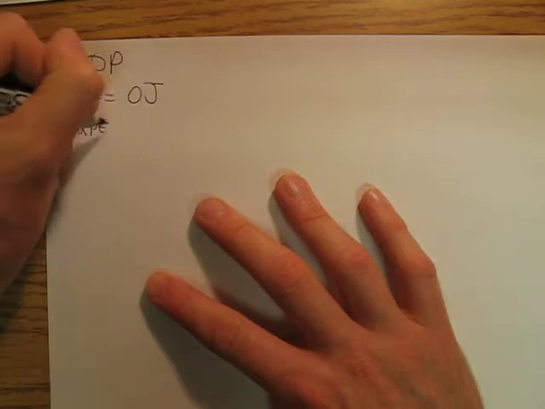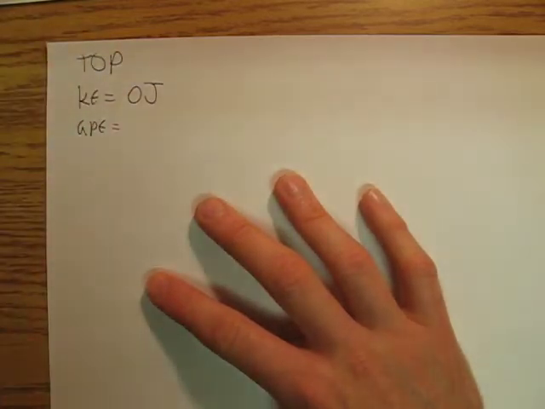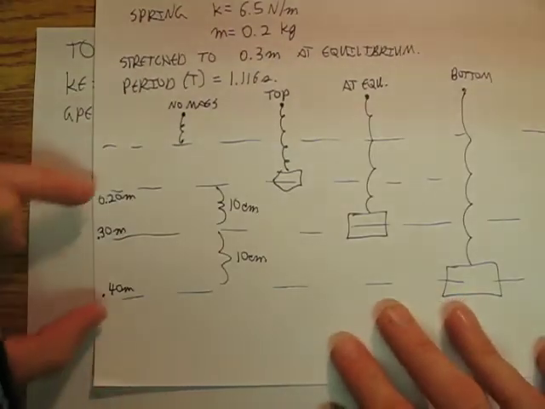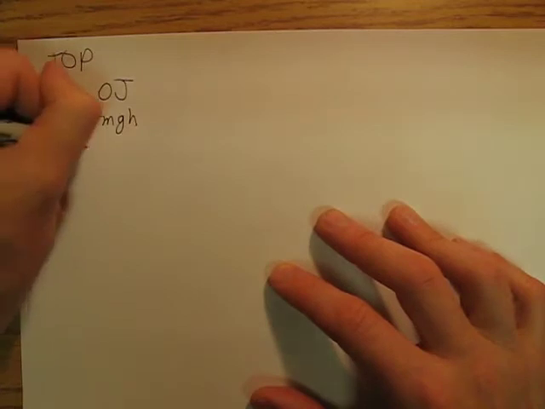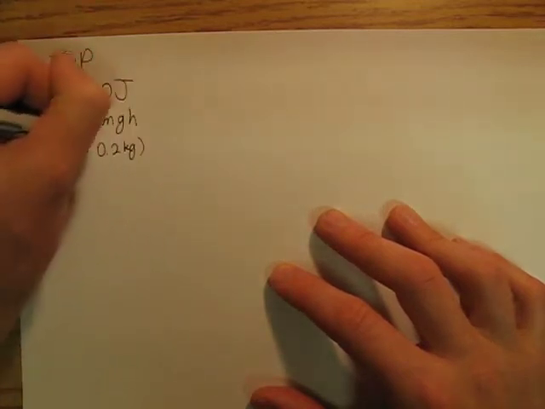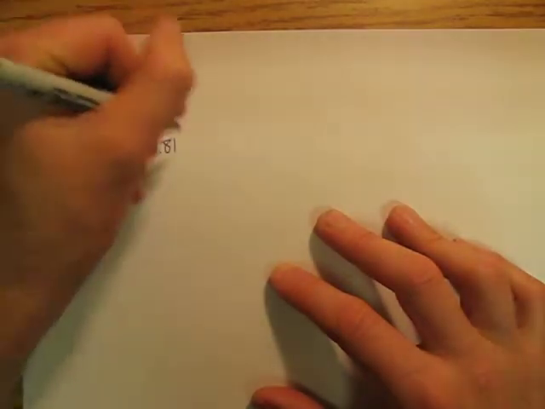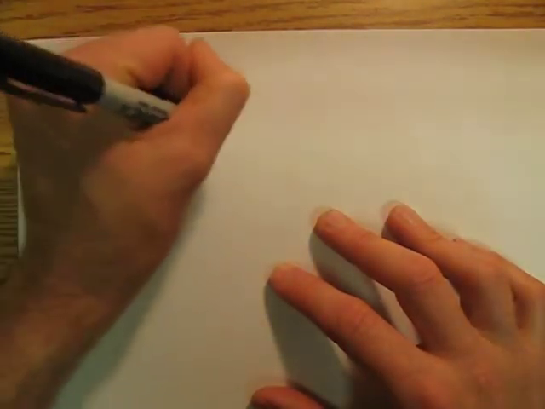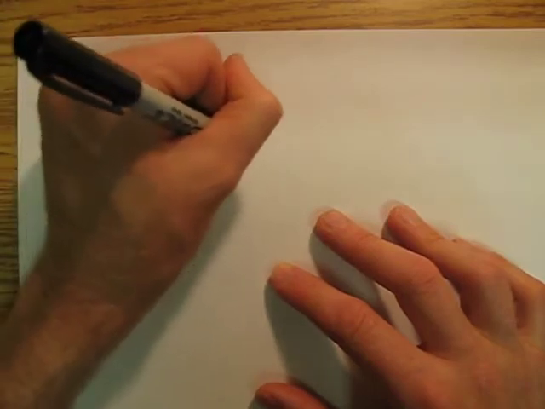The gravitational potential energy is going to be 20 centimeters above the bottom. So 0.2 kilograms times 9.81 meters per second squared times 0.2 meters.